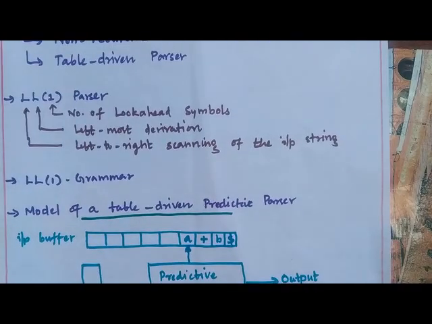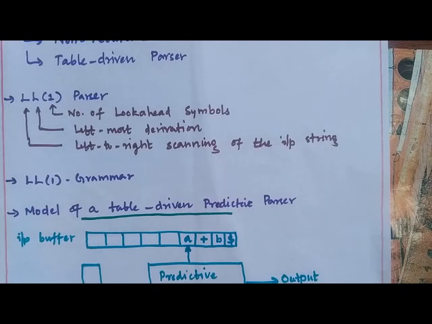Any parser needs a grammar to construct the parse tree for a given string, and the parser usually verifies whether the string belongs to the language of the grammar. So the LL1 parser uses an LL1 grammar, and if the grammar is not LL1, then we can't construct an LL1 parser.